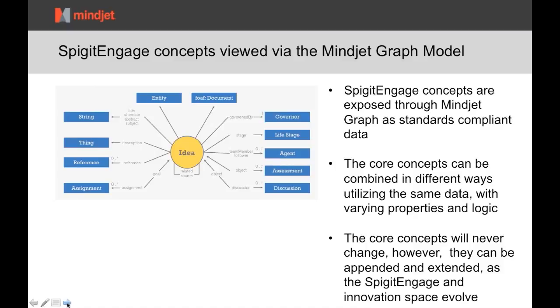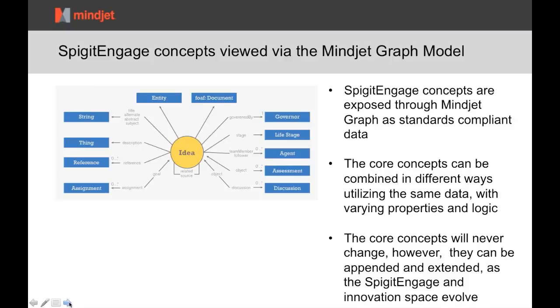So the concepts that we've developed in terms of describing innovation, we described at a very generic level. That means we can take those concepts and leverage them going forward with future development in such a way that we can move in many different directions in terms of our innovation program.